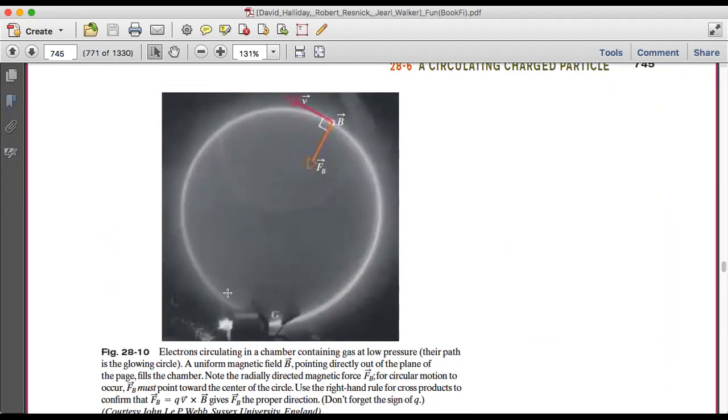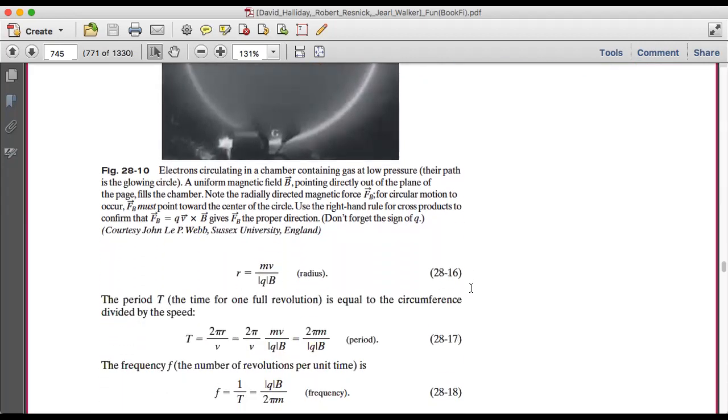Somehow when the electron moves, it ionizes the outer orbital electron of the gas, and the electron that is ionized to a higher energy state will be excited, and the resulting atom will emit a photon, this electromagnetic radiation. This electromagnetic radiation will indicate the path of these electrons.